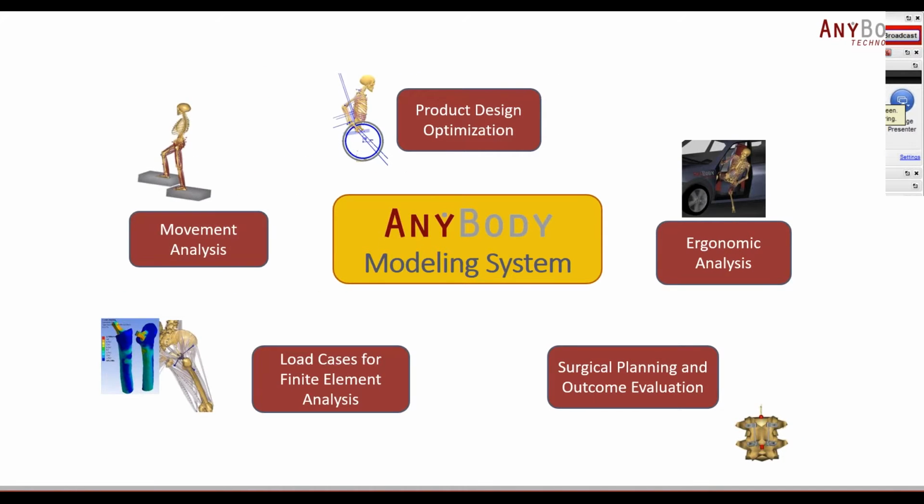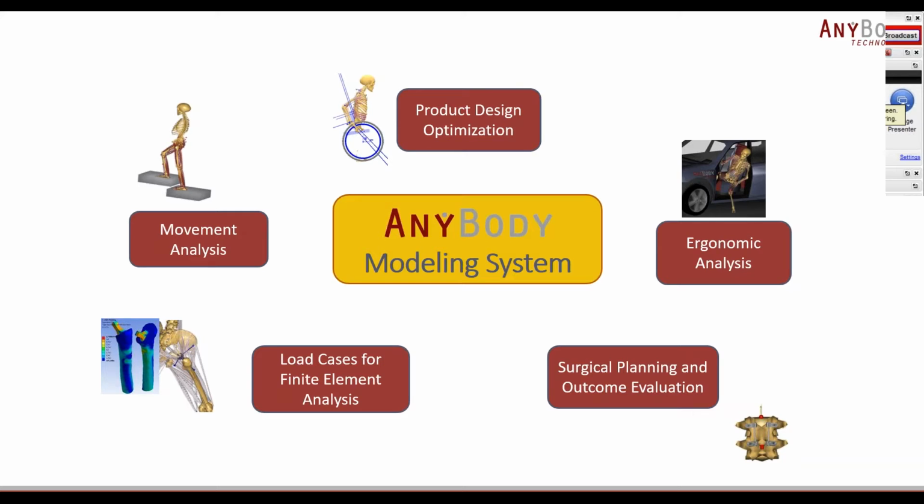The Anybody modeling system has a lot of different applications. The most standard one is, of course, movement analysis, which could be motion capture data and where you have force plate data to run your model to get the internal forces and muscle activations.